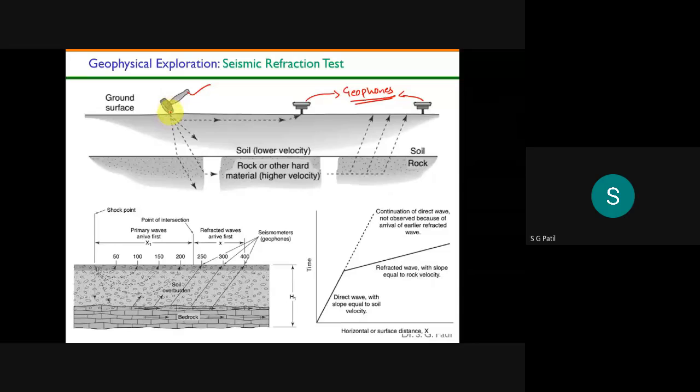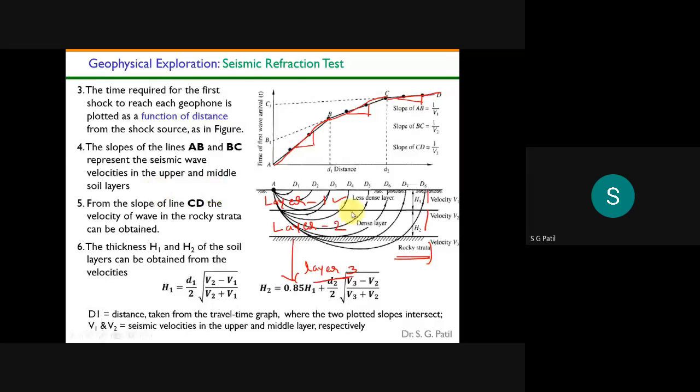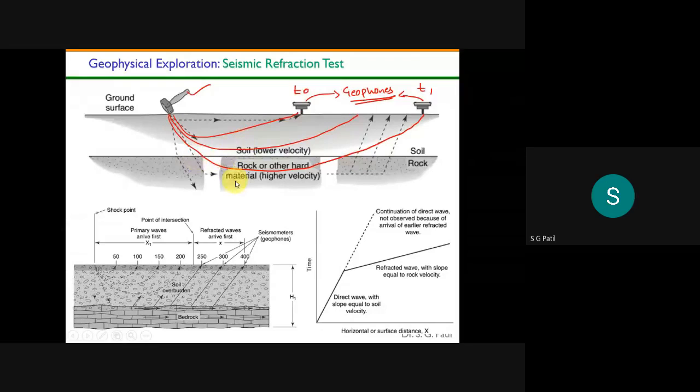If you hit with this hammer, waves will be created, and it will record the time of arrival: T0, T1, like that. Many geophones will be there. So either you can draw this figure, or you can draw this figure also, just to convey the message effectively.